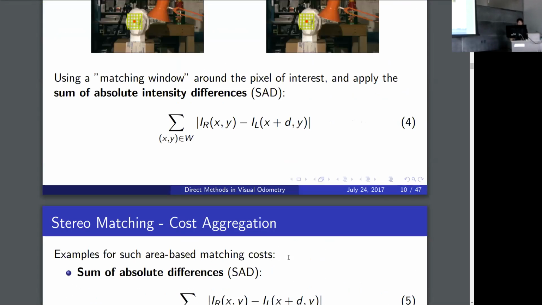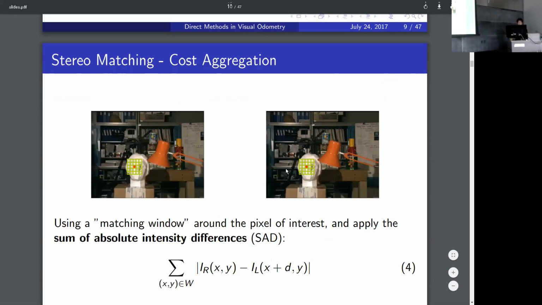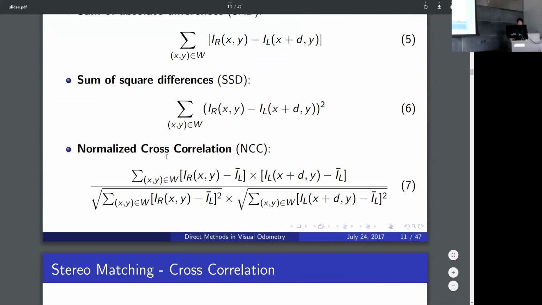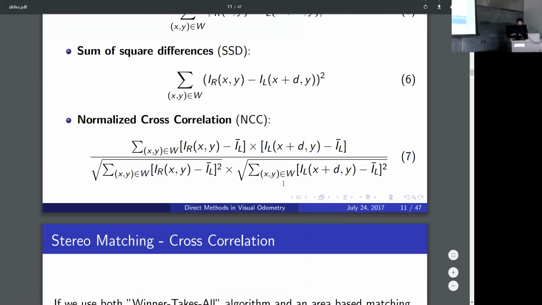So if one is brighter than the other, the normalized cross correlation tries to mitigate that effect by subtracting the mean intensity, and then doing the difference between light intensities on the right image on that pixel.